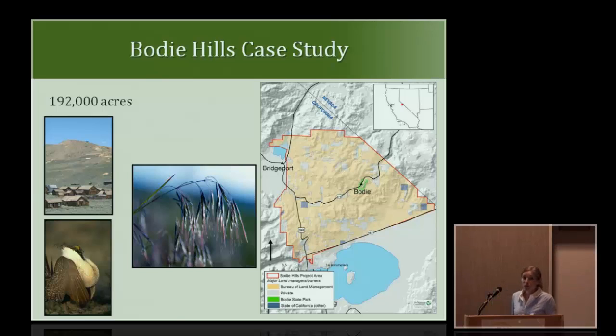It's in California, but right up against the Nevada border, and it's about 192,000 acres. It's mostly BLM land, although it's also 30% private. So there is significant private land in that area, and so it was very important to make sure that the voice of the private landowners was heard and their interests and livelihoods would be taken into consideration.